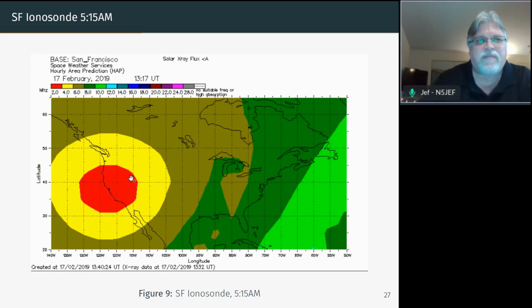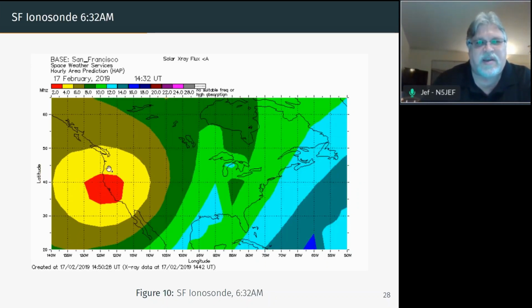Then we move ahead in time an hour later, and you can see that the red spot has shrunk, the yellow is starting to take over, and 80 meters is now really becoming the choice for regional communications. The D layer is still not a problem because the sun just barely came up, and so 80 meters does a good job.